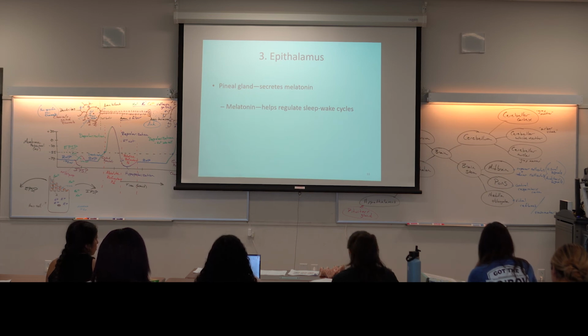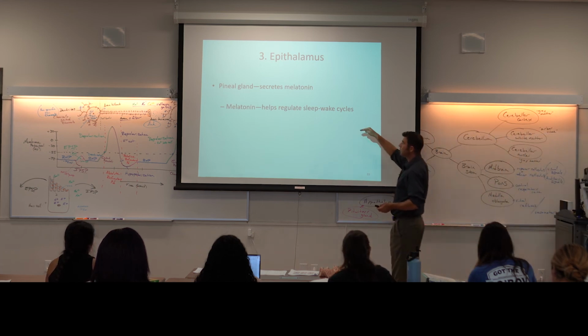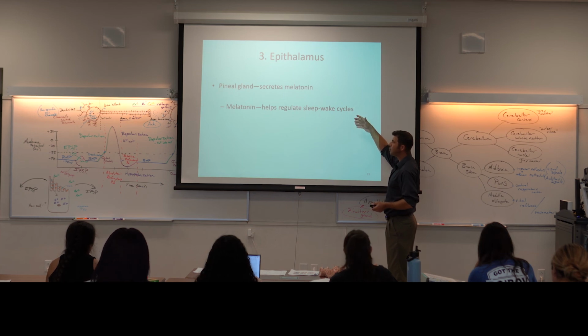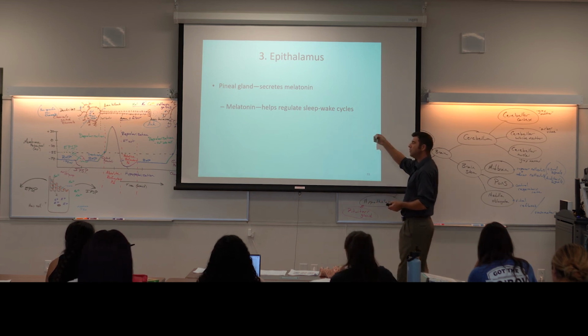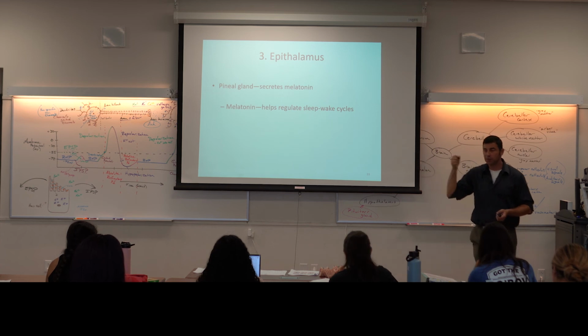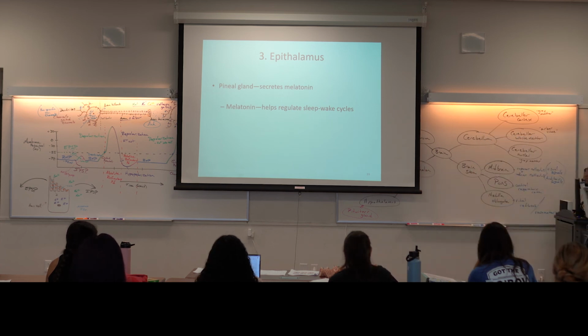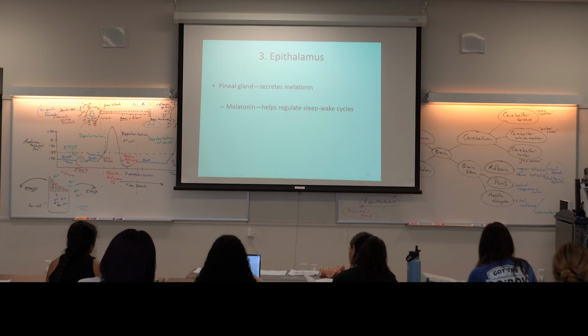It's actually the molecule that's responsible for regulating your sleep and wake cycles so tightly that some days you may forget to set your alarm clock, but you still wake up at the same time, because your body is used to waking up at a certain time due to the pineal gland and the melatonin levels that are produced.